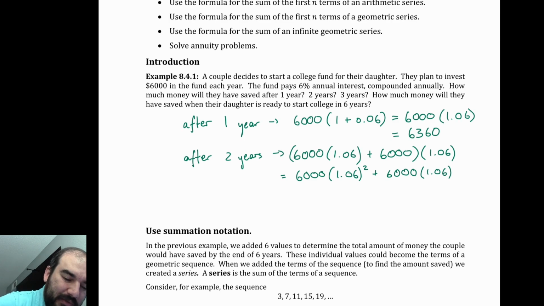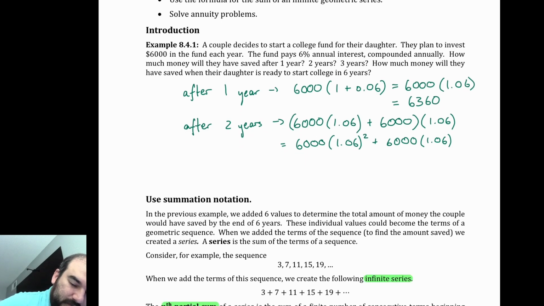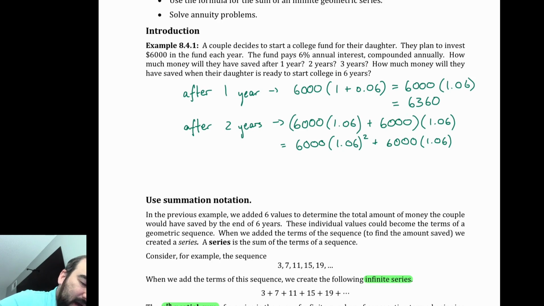Or if you want to think about this, the first $6,000 they put into the bank gets multiplied by 1.06 twice because that's 2 years. And then the second year 6,000 they put in gets multiplied by 1.06 once. Right? And that'll be some value.